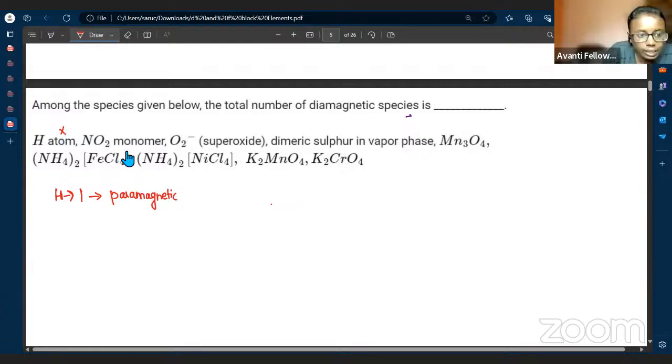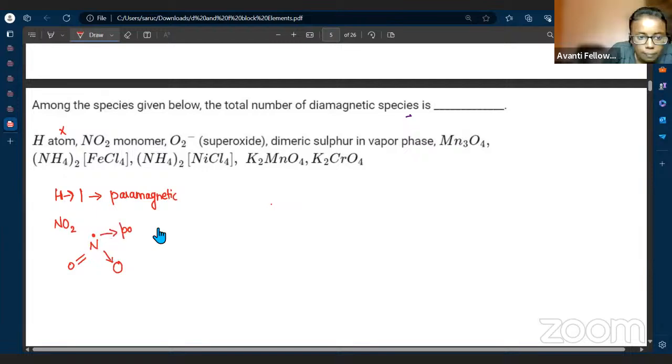Now moving to NO2. Draw the Lewis structure of NO2. It will be N double bond O, and this one forms a coordinate bond. So you will have one odd electron, which itself shows that it is paramagnetic in nature.